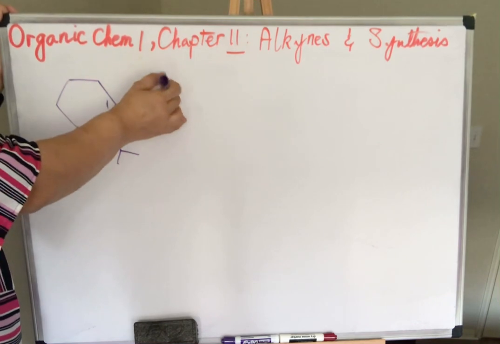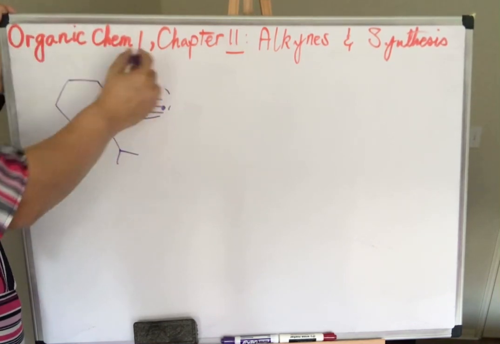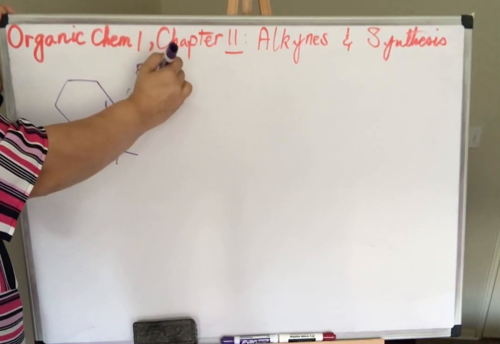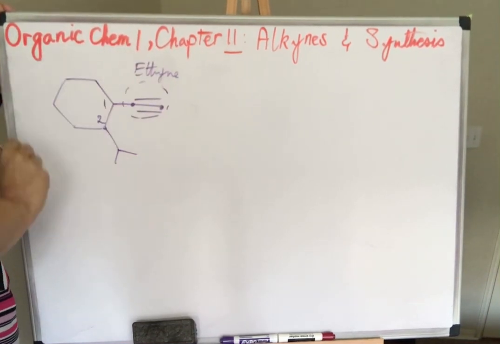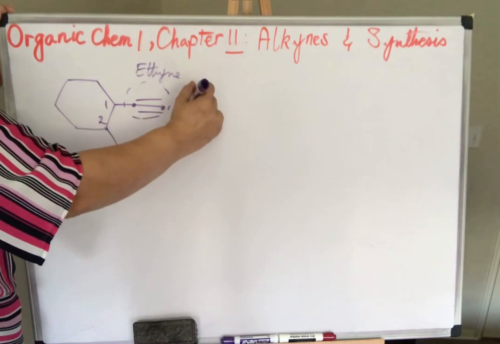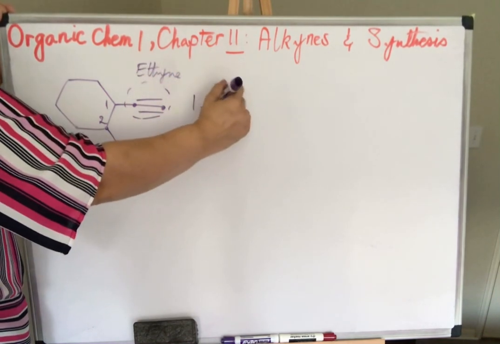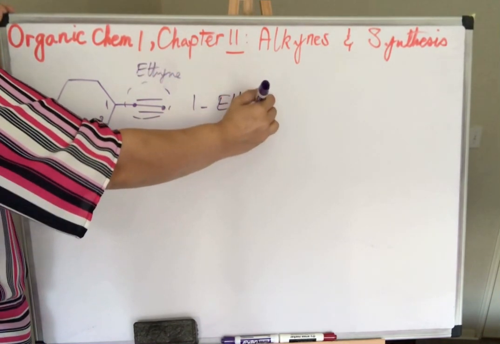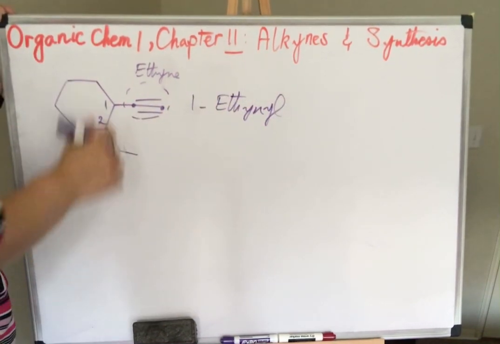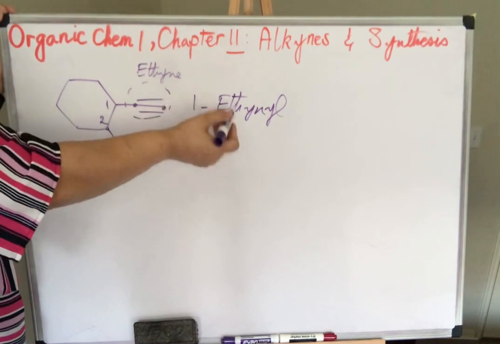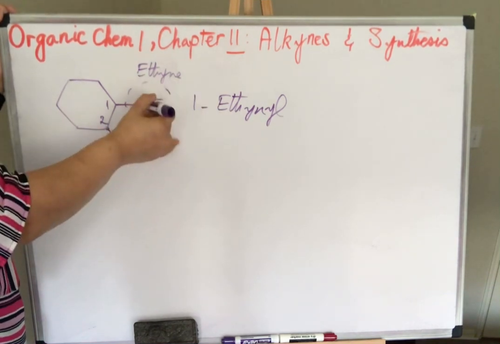So how many carbons do you have here? 2. If it was by itself, it would be called ethyne. It comes from ethane, right? So what do you see on the first carbon? 1 ethynyl. Ethyne, you remember methyl, ethyl? So this is ethynyl because that's the alkyl group from ethyne.